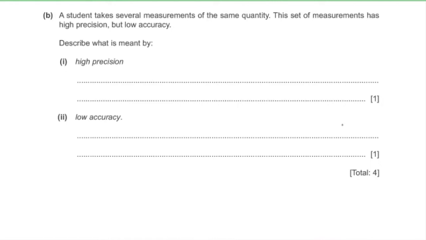So a value of high precision means that there is a small range of values. Because that's the only way the values are going to be closest to each other and the difference between the values will be less. Part 2, low accuracy.